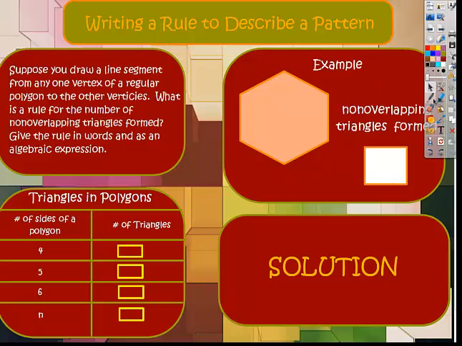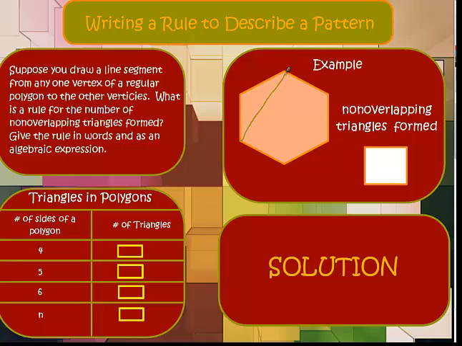So when we're talking about how many non-overlapping triangles, it says drawing a line from any vertex of a regular polygon to the other vertices. Well, here's one vertex. If I were to draw a line from there to this vertex here, that would be along the edge, so that's not going to do anything for me. But if I started here and drew a line up to that vertex, now that creates one triangle.